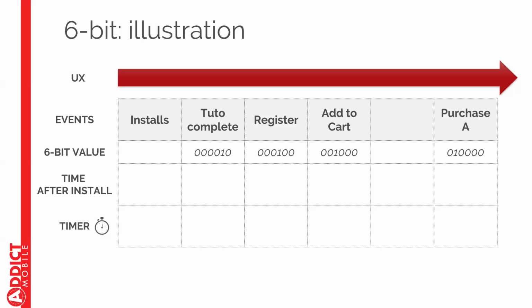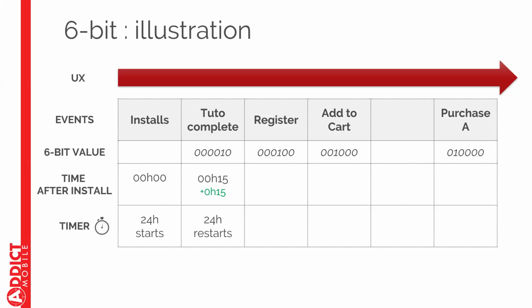Let's imagine the situation where I install my app. The timer starts, the 24-hour timer starting. 15 minutes after, as a user, I finish the tutorial. That event is then triggered, meaning that the timer will restart for a new 24 hours.